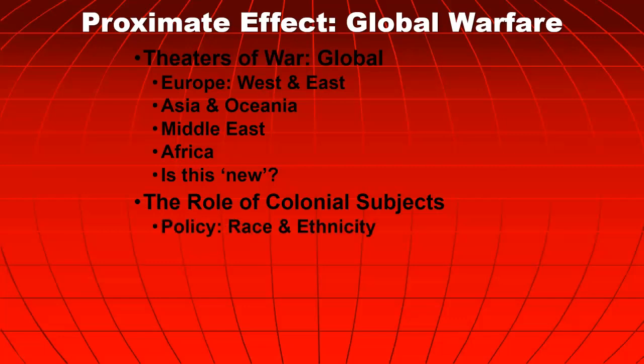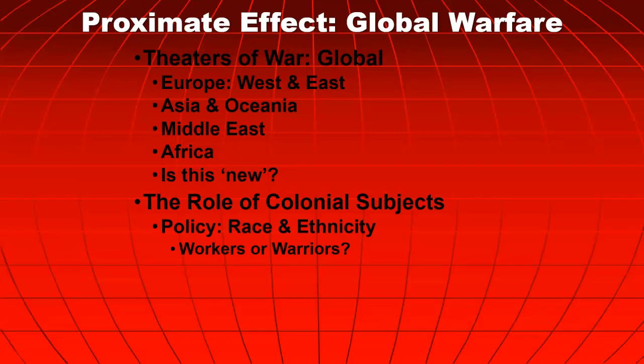Because one of the curious things, particularly among the Europeans, is how this gets mixed in with their ideas about race and ethnicity. And if you recall, scientific racism was part of the motivation, the fueling ideologies for colonialism in the first place. But now it's starting to appear in different ways.